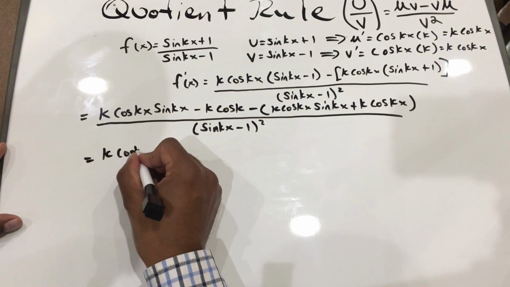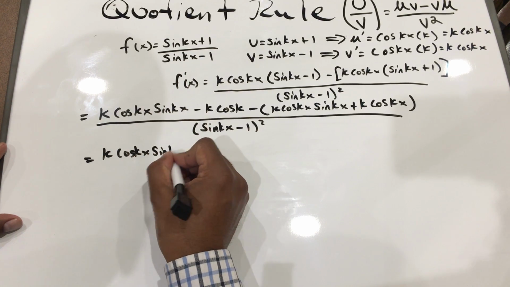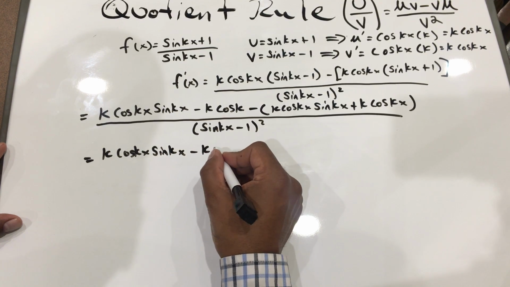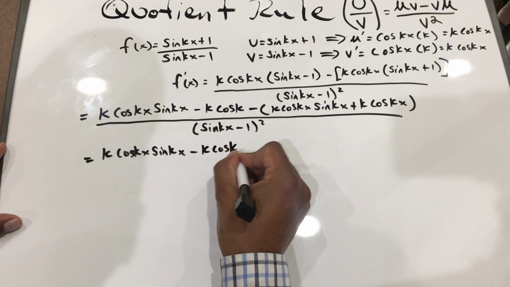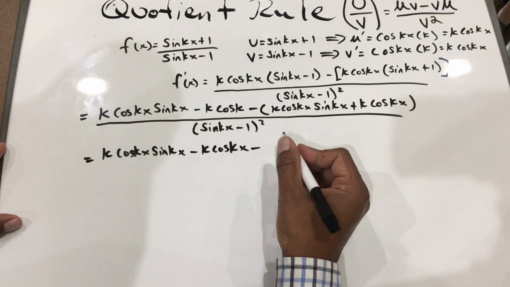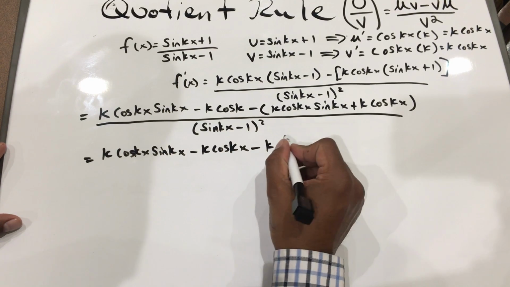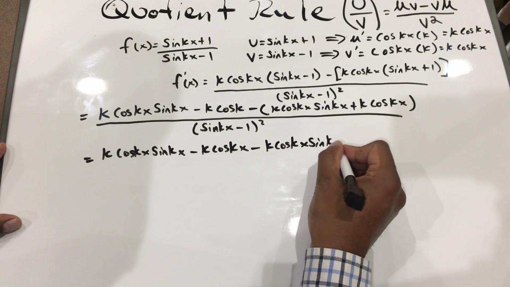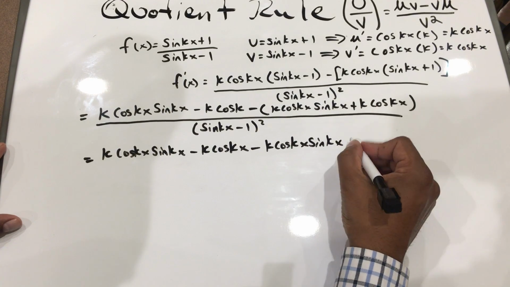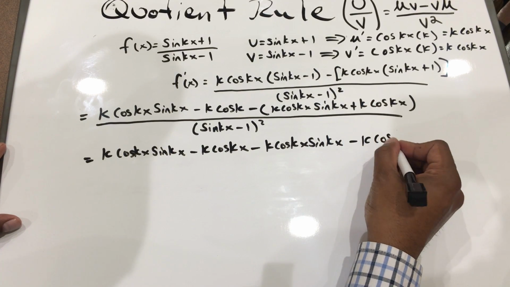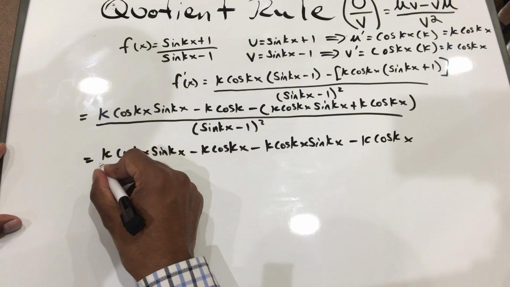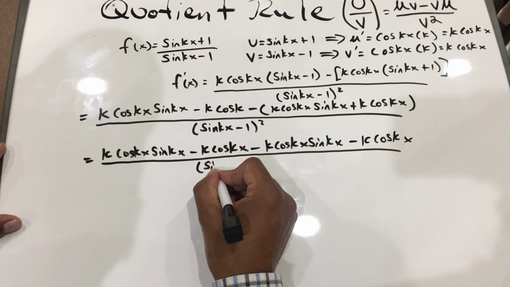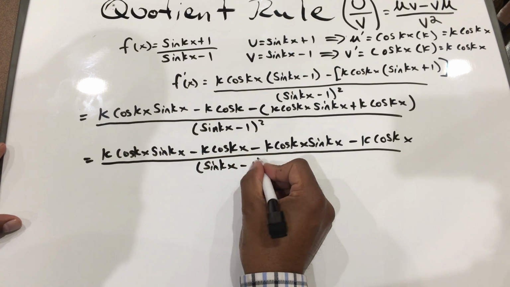Continue, so k cosine kx sine kx minus k cosine kx minus. We're going to distribute k cosine kx sine kx minus k cosine kx divided by sine kx minus 1 squared.